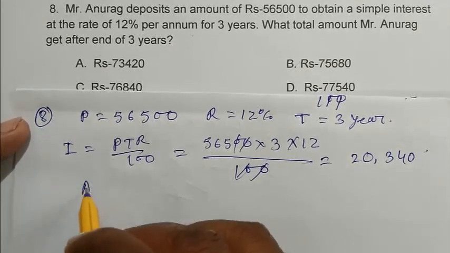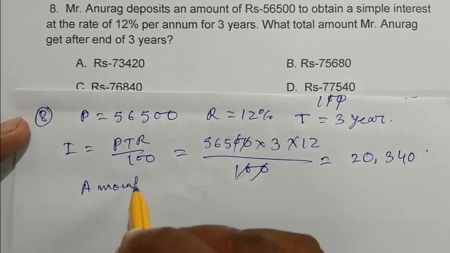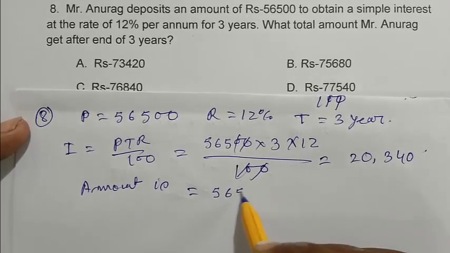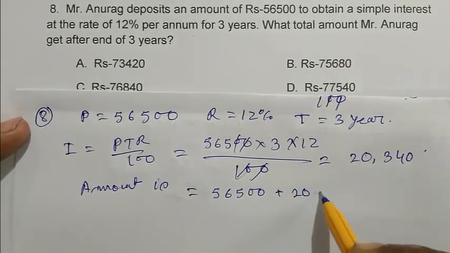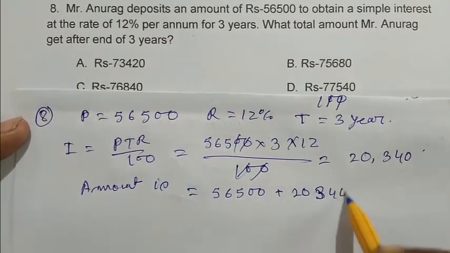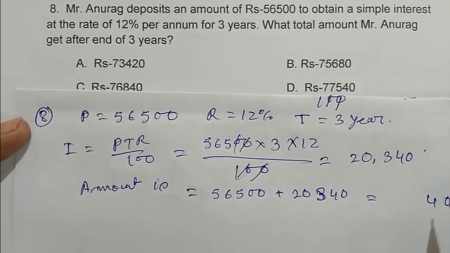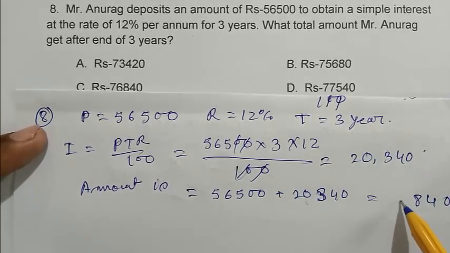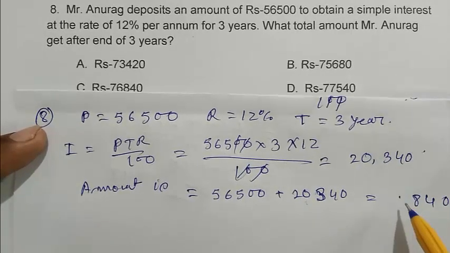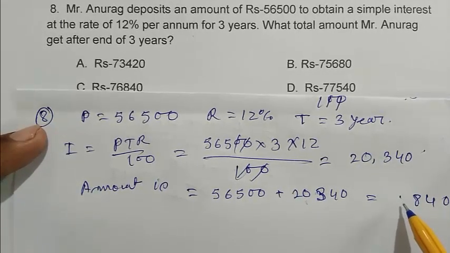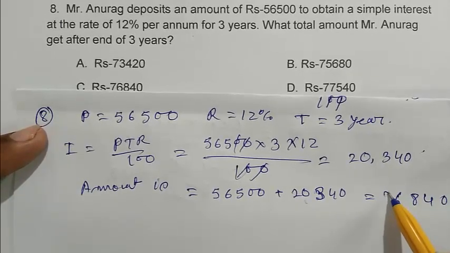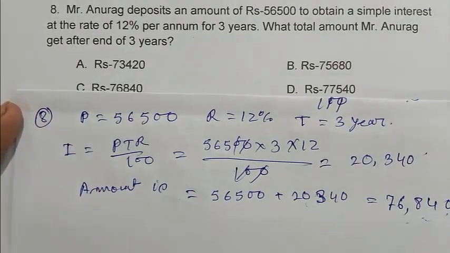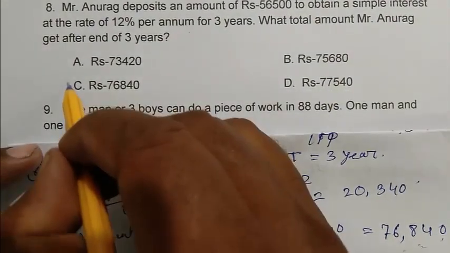So the amount is 56,500 plus 20,340, that is 76,840. So C is the right answer.